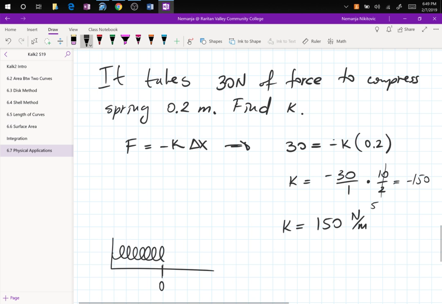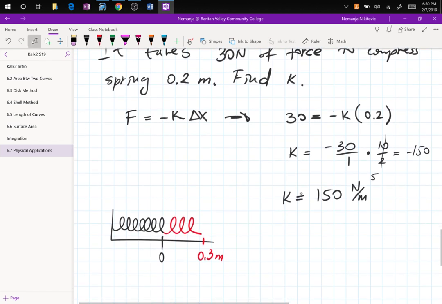So when you have a spring, its natural state is to be relaxed, to be at zero, which we will call equilibrium. Now you are going to disturb the system by stretching it. So say you are going to stretch this spring to the 0.3 meter mark. How much energy is used to stretch the spring 0.3 meters?